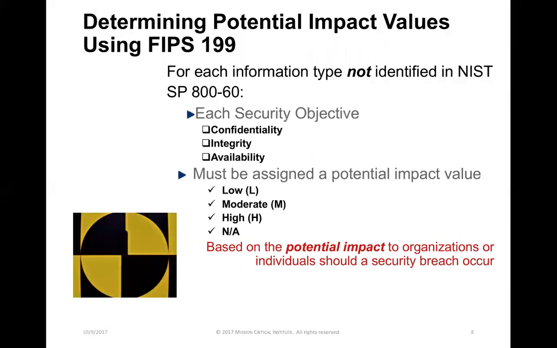Determining potential impact is based on FIPS 199. Using SP 800-60, you look at each objective, which is confidentiality, integrity, and availability. That's the CIA triad. Each has to be assigned a potential impact value, which would be low, moderate, high, or NA.